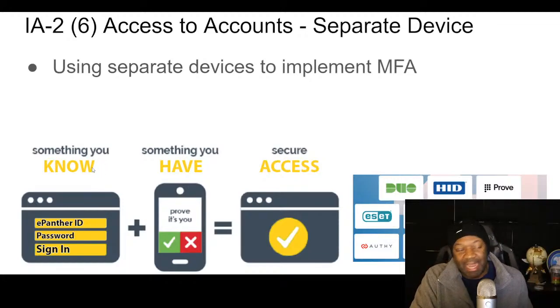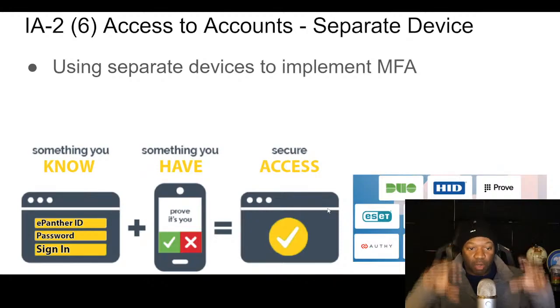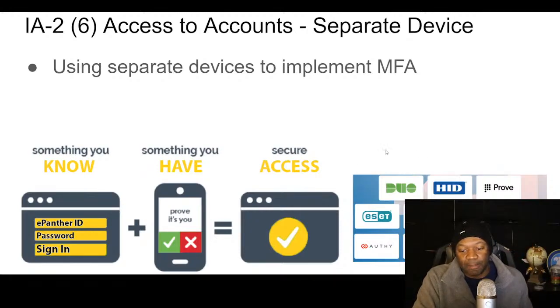Or better yet, have an app authenticator that you have to log into to get access to the code to get into the secure site. So you have two different devices implementing your multi-factor authentication. That's what this control is all about.